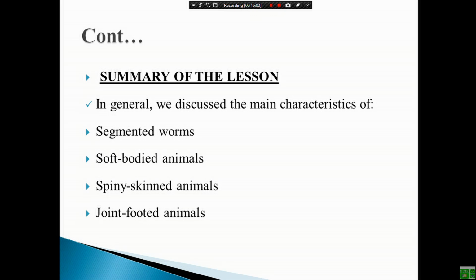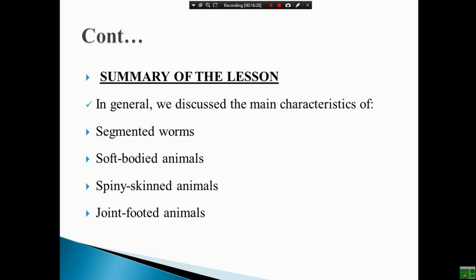They live in moist soil and water. They are used to increase soil fertility, and they have a true body cavity, which means they are coelomates, and bilaterally symmetrical. Examples of these members are earthworms.